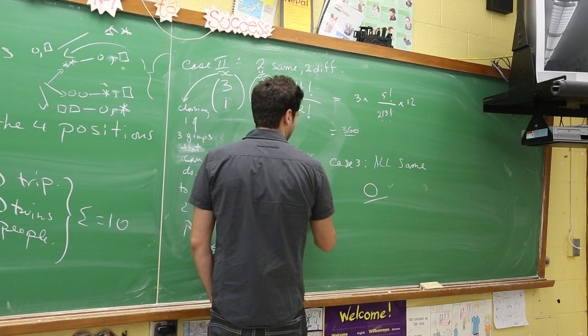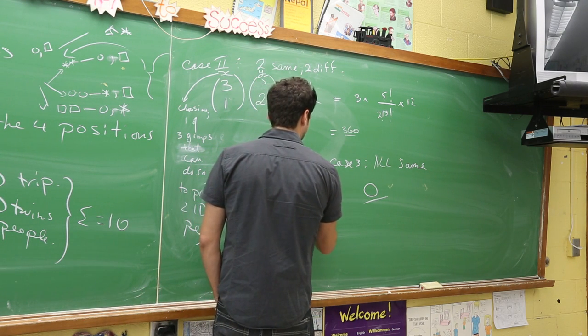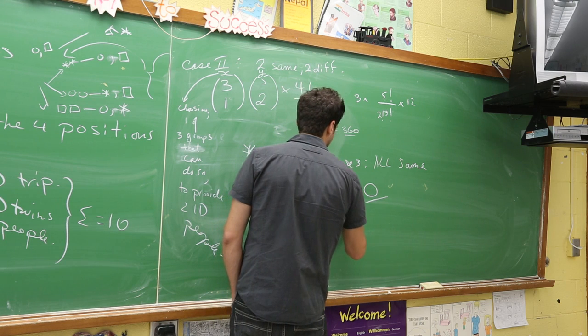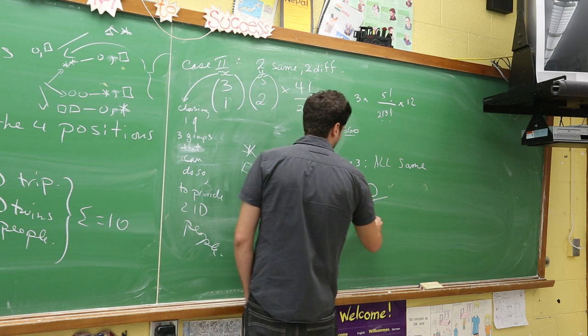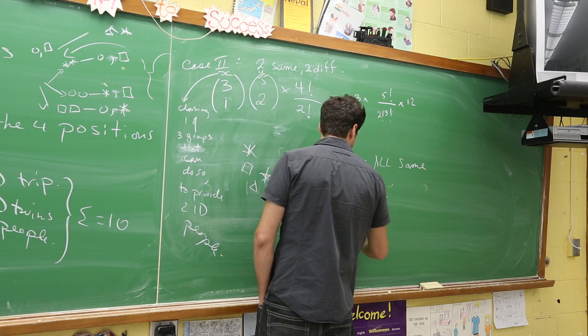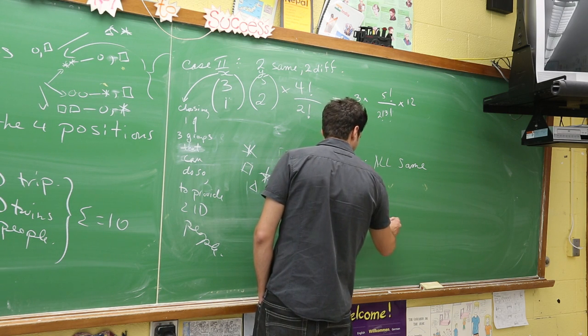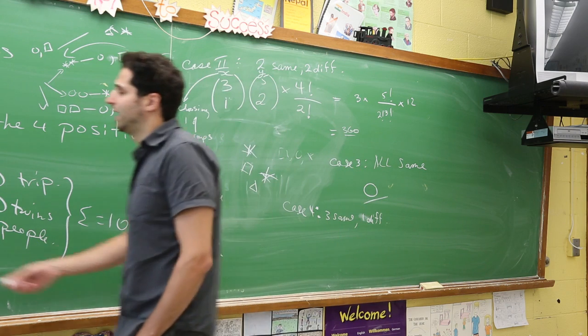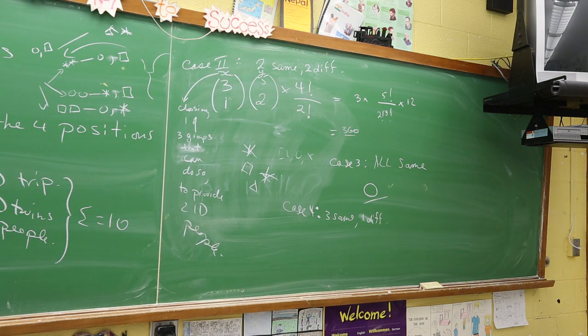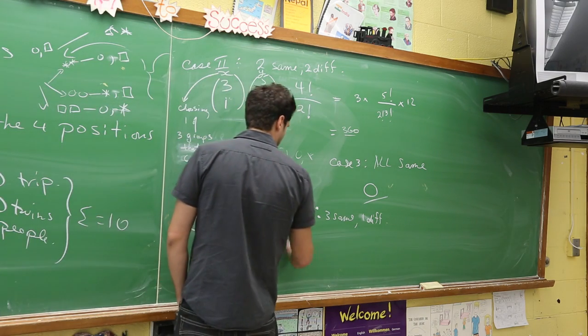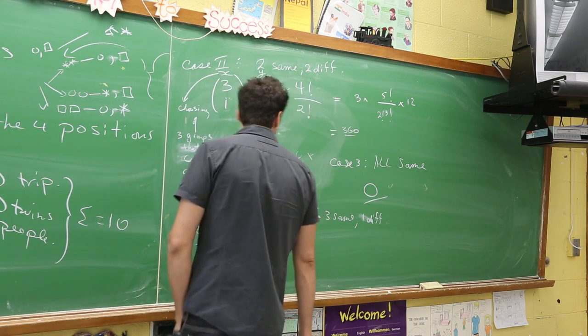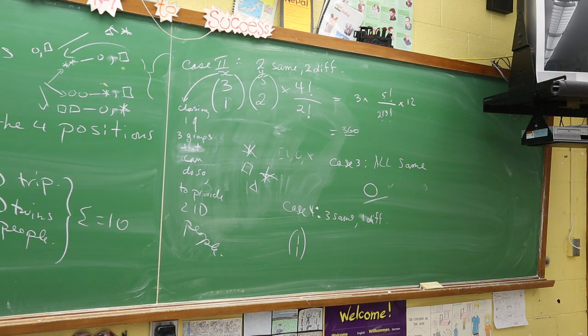I like it. Okay, so 3 same, 1 diff, I guess. Writing 1 different is kind of redundant. There's only one that can provide 3 the same, right? So you can write it as 1 choose 1, or you can just write it as a 1. Then you want the rest to be different. We need 3 more people.